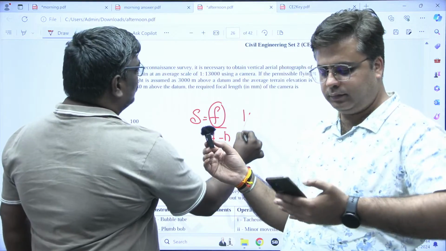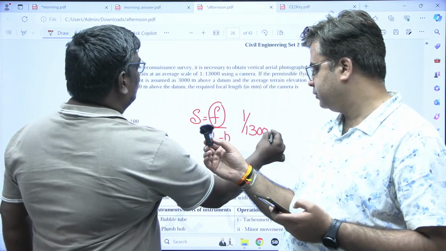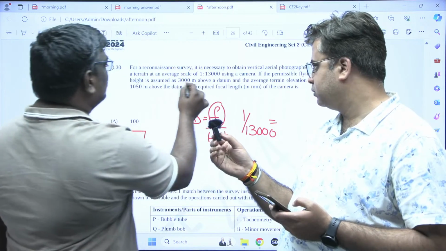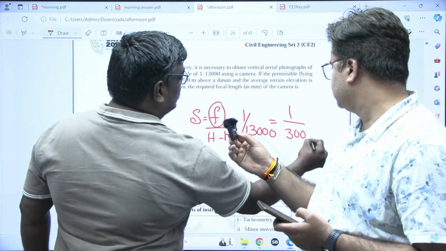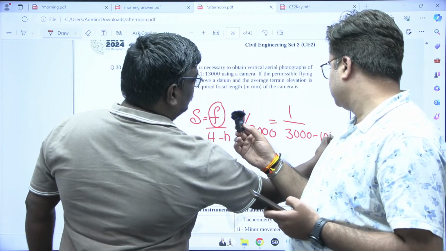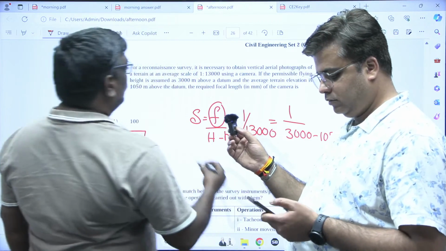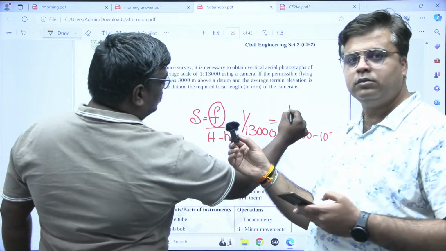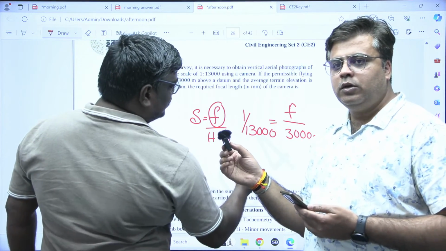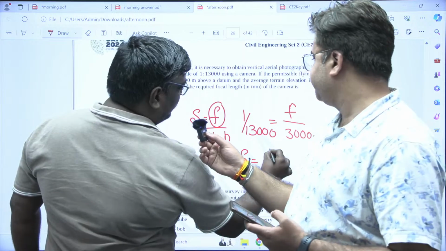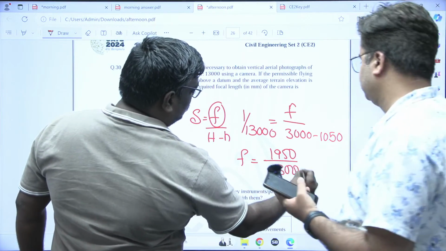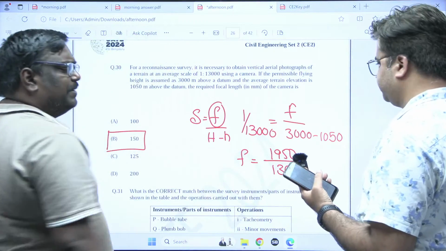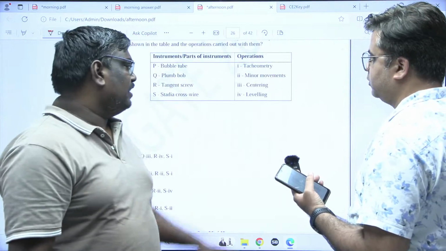Scale is 1 by 13,000, the flying height is 3,000 and the ground elevation 1050 mm. If you solve this, you will have F here. You will get F equal to 1950 divided by 13,000. It will be in meters. You will get 0.15 as the answer.